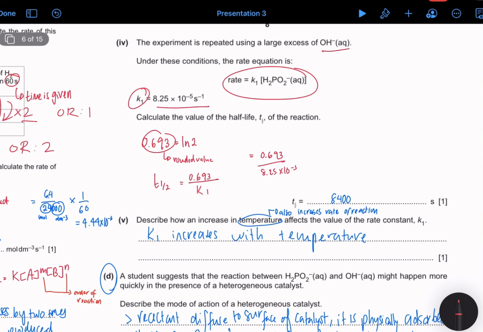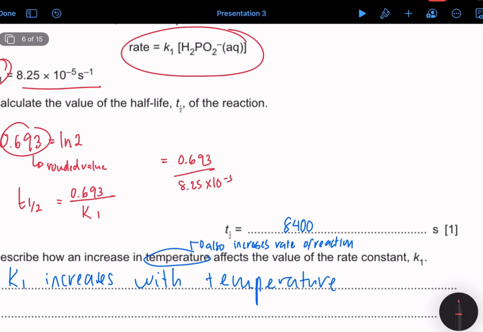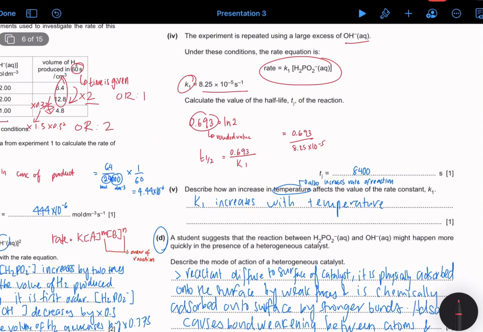The formula for half-life is ln2 over your k1, but usually your ln2, you can round it up to 0.693, so 0.693 over k1, and that is 0.693 over 8.25 times 10 to the power of negative 5. And the answer would be 8,400 seconds.